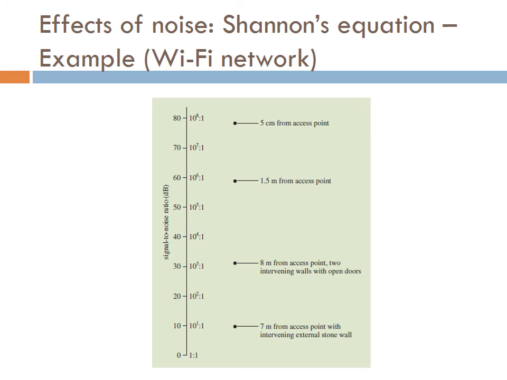And when we move toward the access point with fewer obstacles, the signal to noise ratio will increase. For example, at 1.5 meters from the access point we could have 10 to the power 6 as SNR, and a few centimeters from the access point we could have 10 to the power 8 as SNR.